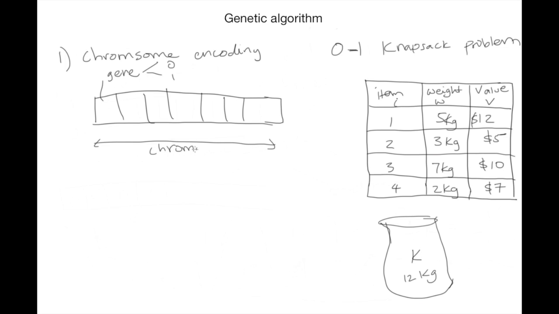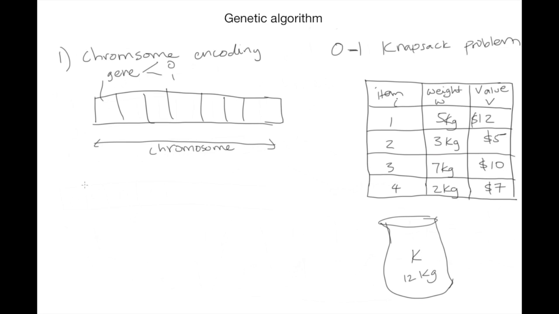So this is kind of similar to the genetic makeup of species. In the 0-1 knapsack problem, the solution is essentially a list of items that the thief decides to put in the knapsack, and we can represent a solution within GA in any number of ways.